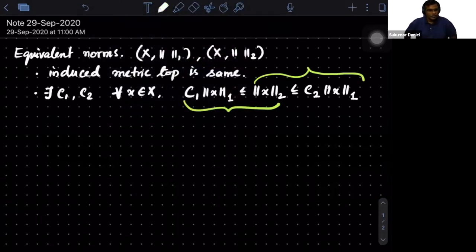And right now we have proved that this statement is the same as saying that. That's what we said. So now we look at a few examples.